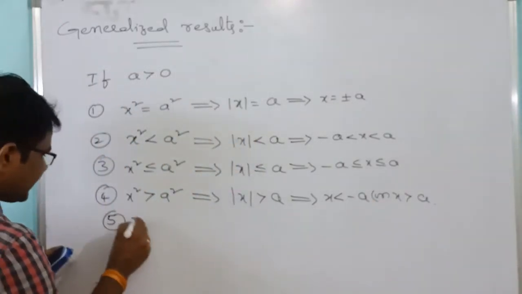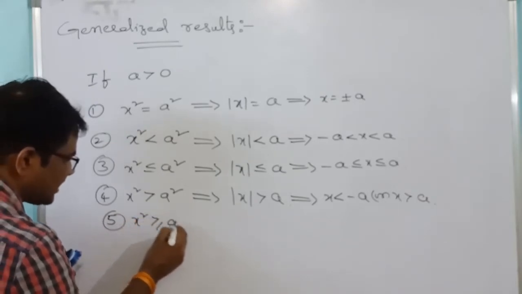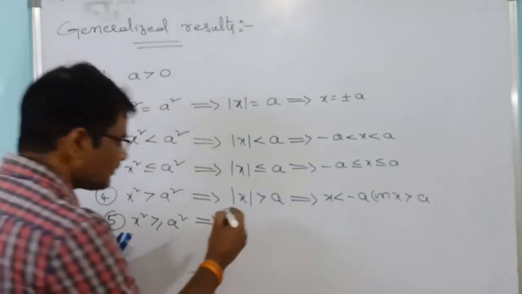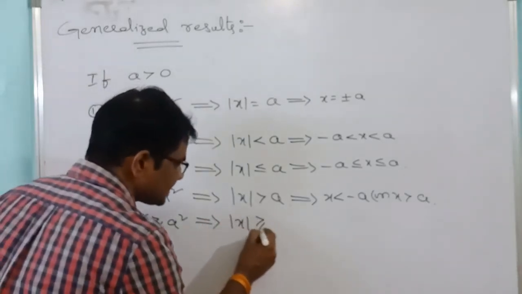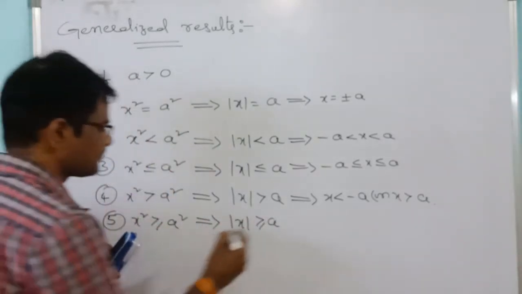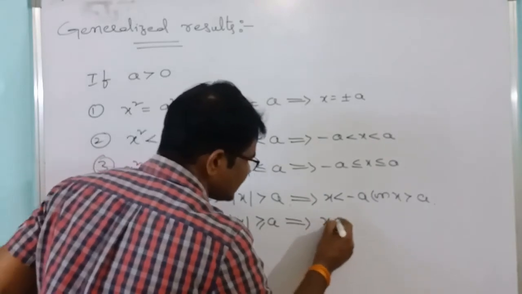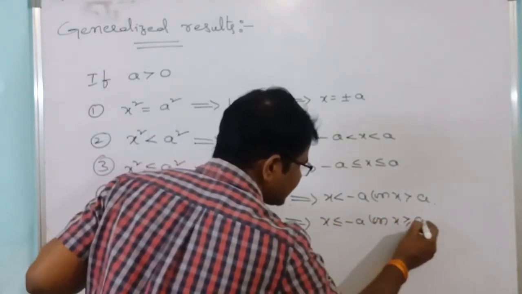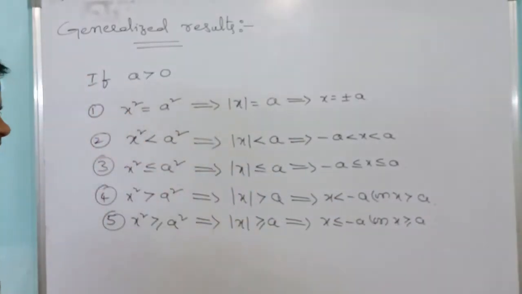Next, if x square greater than or equal to a square is there, how to write? Modulus of x greater than or equal to a. That implies x less than or equal to minus a or x greater than or equal to plus a.